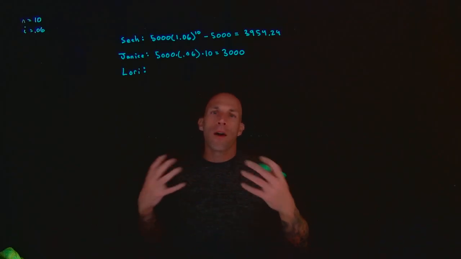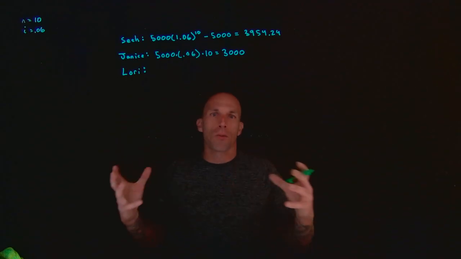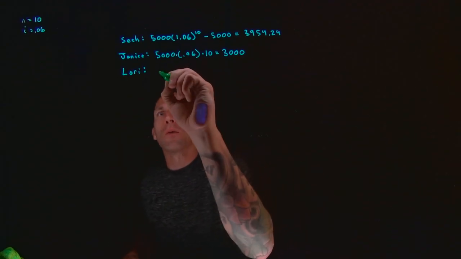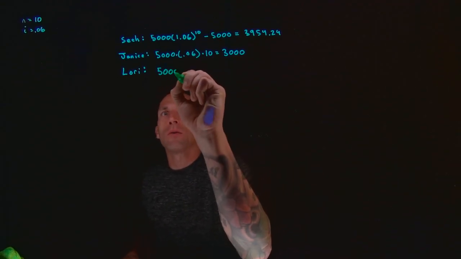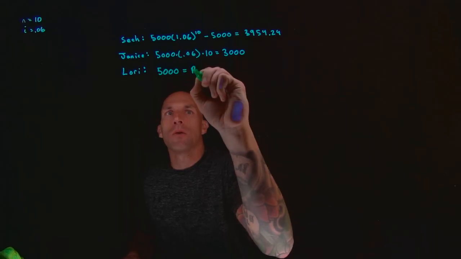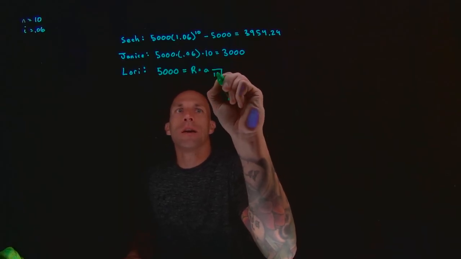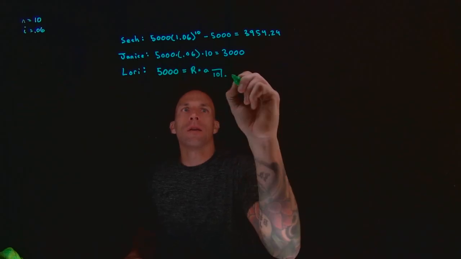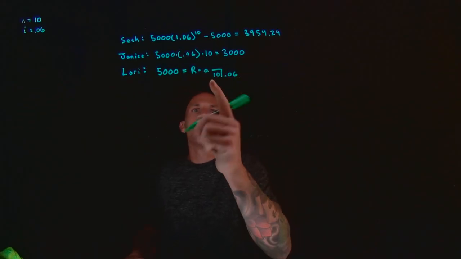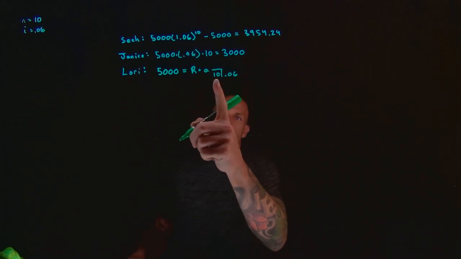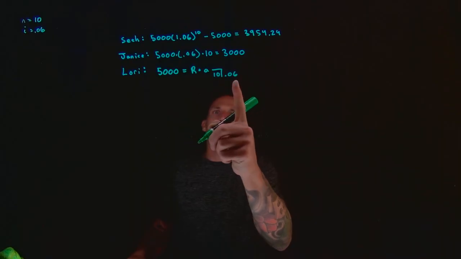And the way we're going to find those level payments is we're going to look at the loan prospectively. So the value, or what she borrows, is equal to her level payments times the present value of an annuity of 10 payments at our 6% rate.